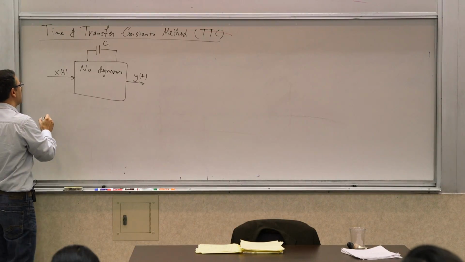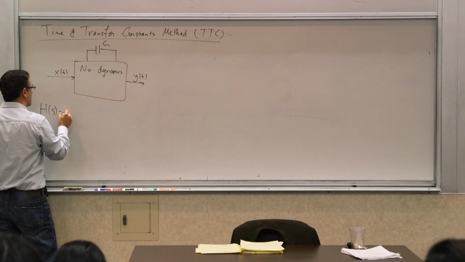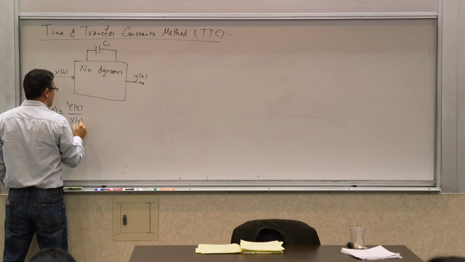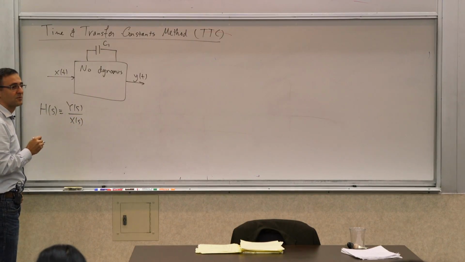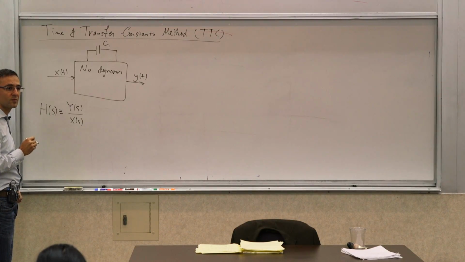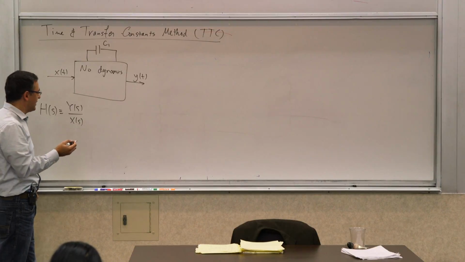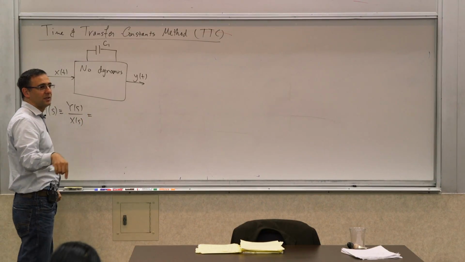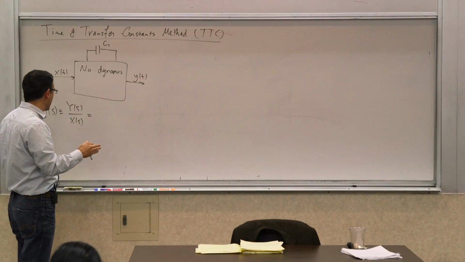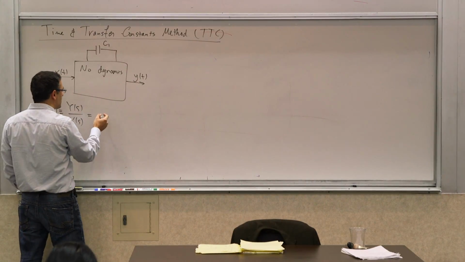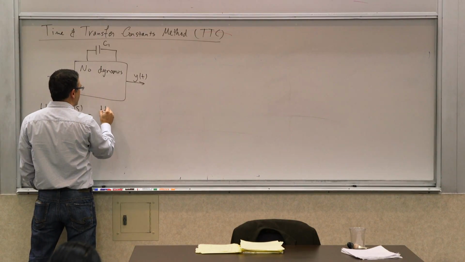The question is, how can you determine the H of s, in other words, Y of s over X of s, the transfer function of this circuit? How do you do that? There is a way to do this, and we are not going to prove it here. Again, you can see those videos or look at the paper associated with it that you have as a handout, that tells you if it's a first order system, it can be written in this form.